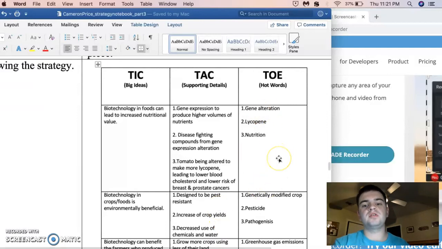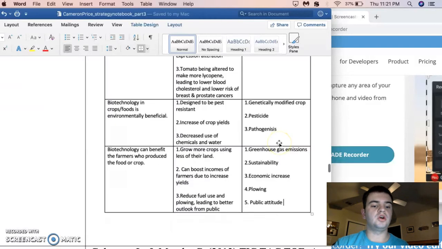And then hot words or vocabulary words are just words you think will make the flow of the paper go better and look more professional, that the student would want to use, such as genetically modified crop, pathogenesis, or pesticide. So once again, you have the big idea under TIC, supporting details under TAC, and then hot words or vocabulary words you really want to integrate into the writing under the TOE column.